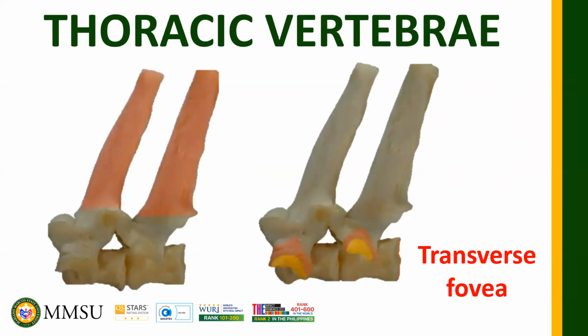So na-i-present ko naman na kanina kung ano yung mga samples ng numbers of the thoracic vertebrae in the animals. So it usually vary among species of the animals natin.